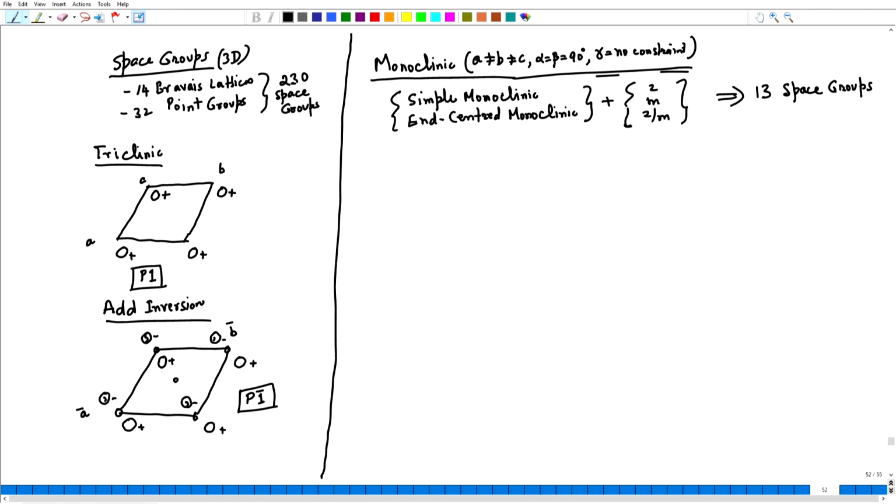Let us start with a simple monoclinic with only a two-fold rotational symmetry, and let us say along the axis C. So, C becomes the unique axis, and C is coming vertically out. So, I have the two-fold.